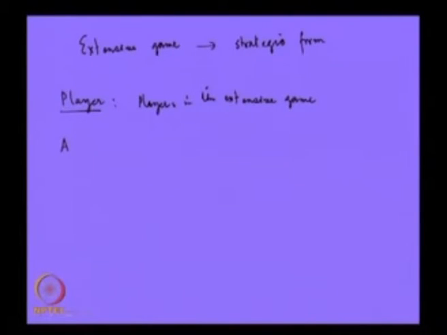So, if I have to define a strategic game, first I have to have the set of players. The set of players remains the same, which means that the set of players I had in the extensive game becomes the set of players in the strategic game.